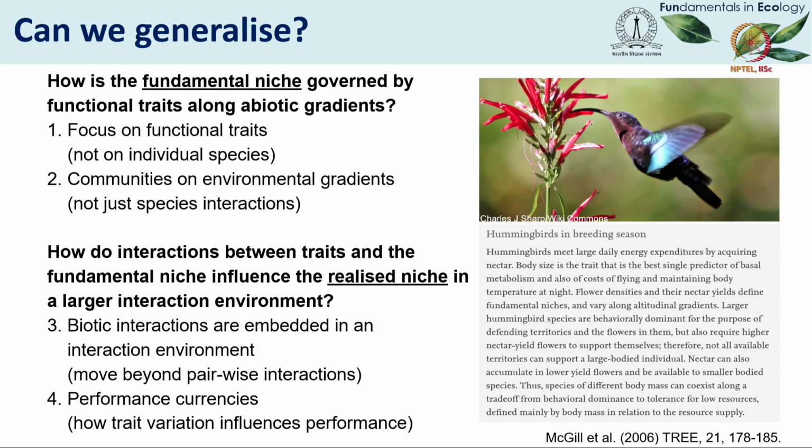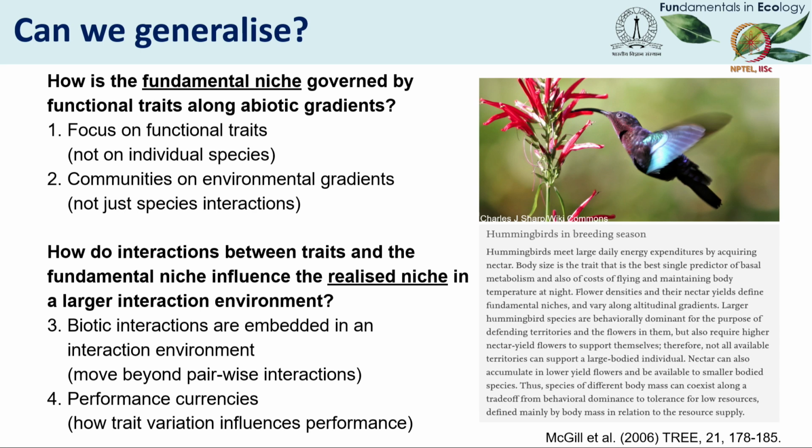And then you can ask, if you've got a species that has certain traits, how is it going to potentially or actually interact with other species that have certain traits? And so you're asking, based on just the properties of the species, this species could be found, hypothetically, from 500 meters to 1500 meters above sea level.